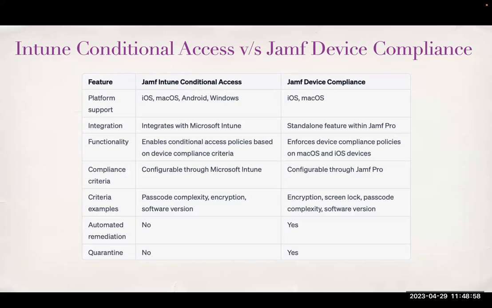When you have Intune conditional access in the picture, you cannot automate the remediation. But with Jamf Pro device compliance, you can automate the remediation. For example, imagine a device was encrypted and an end user has turned off the encryption.